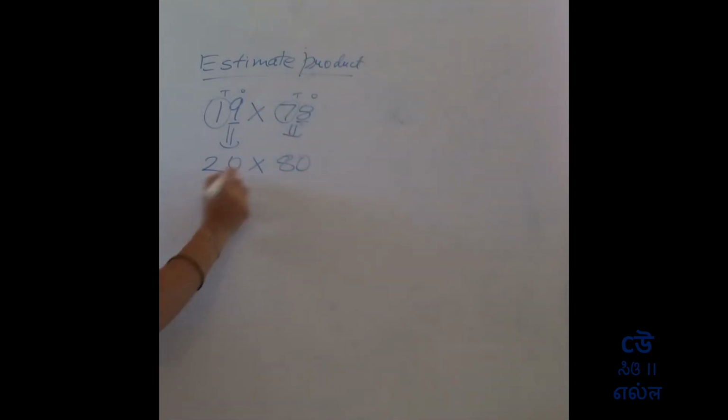So we got 20 and 80. So if we multiply 20 and 80, what is the answer we'll get? 8 twos are 16. So we have 2 zeros, so we'll add 2 zeros. Okay. So what is the answer? If we multiply these two numbers, we got 16,000.